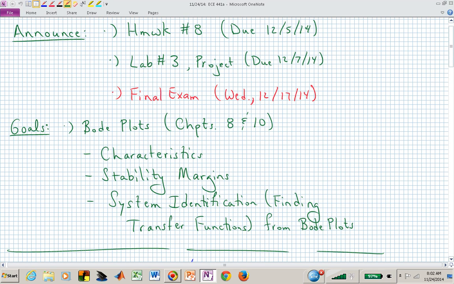And as I said, we'll be talking about Bode plots today, and in particular chapters 8 and 10. 8 being how do you build these Bode plots, and I'm hoping that's a review. And 10 is the design piece. And today we'll talk about the characteristics of a Bode plot, and we'll get into stability margins. Have you seen stability margins with Bode plots before?